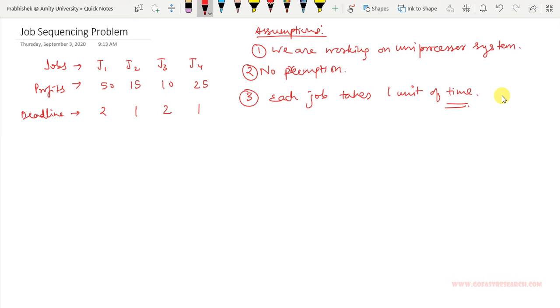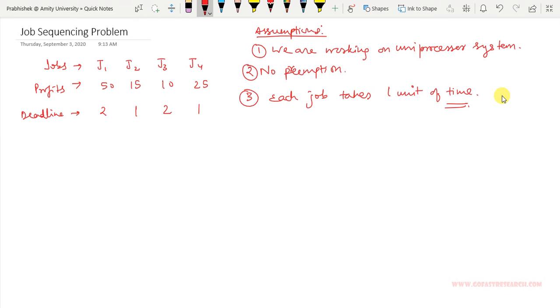So if the job J1 deadline is 2, then this means that job J1 has to be completed within the first 2 months. It can be completed either in the first month or in the second month. If the job J2 has a deadline 1, then this means it has to be completed in the first month only. If in the first month another job is executed, then J2 will not be executed in the second month.